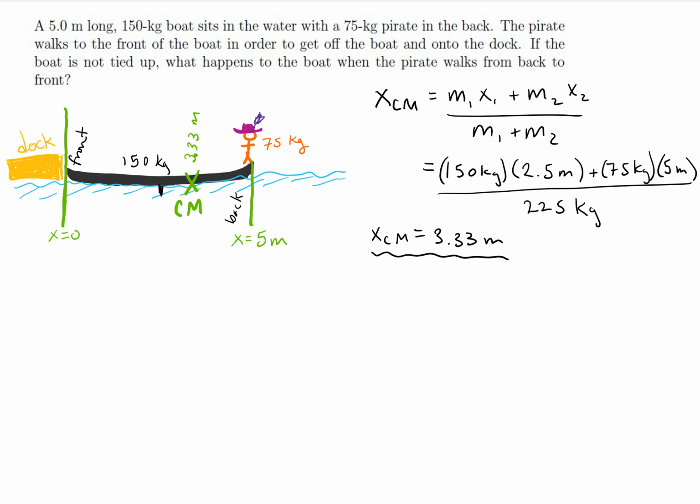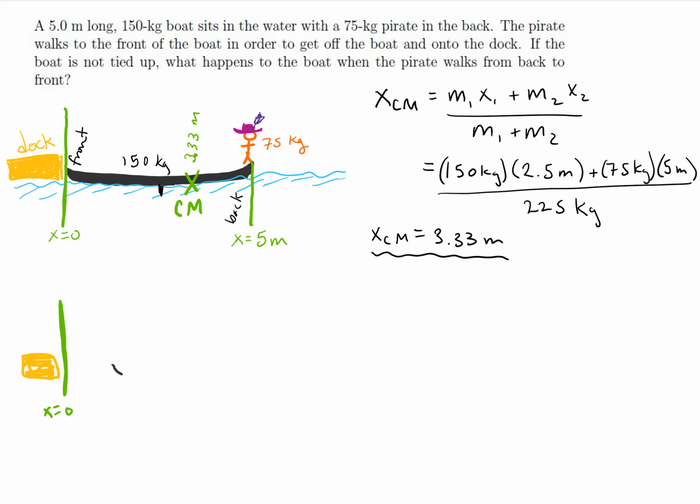Okay, so sometime later, let me draw a second diagram. Later, here's the dock. Here's x equals 0. If the pirate moves to the left, then in order for the center of mass to stay in the same place, the boat has to move to the right.